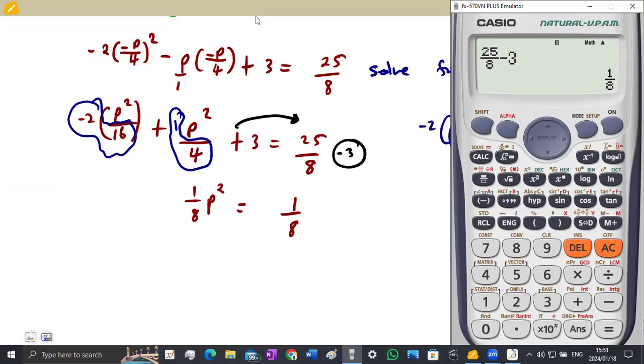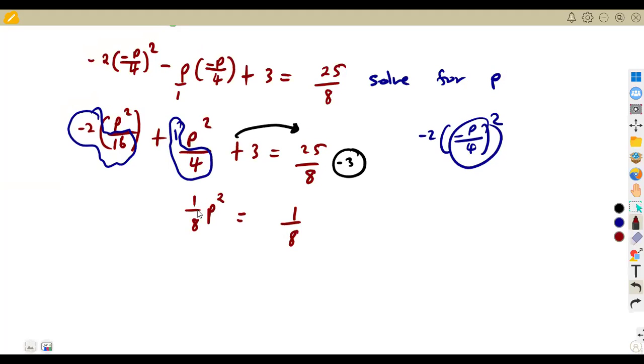So since we want the value of p in this case, we can divide by 1 over 8 both sides. So this will cancel. So p squared will be equal to, if we divide 1 over 8 by 1 over 8, this will be a 1. But it's the same, guys. This will cancel, we get a 1. So how do you find p? Introduce the square root, and we know that the square root of any number is plus or minus.